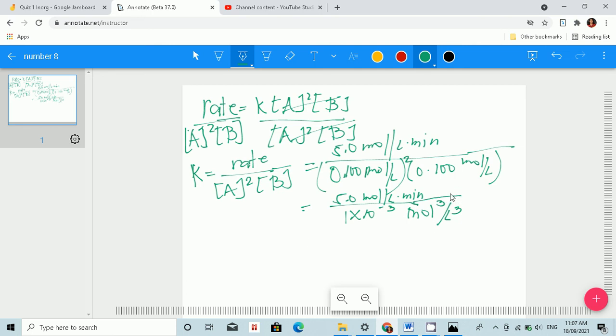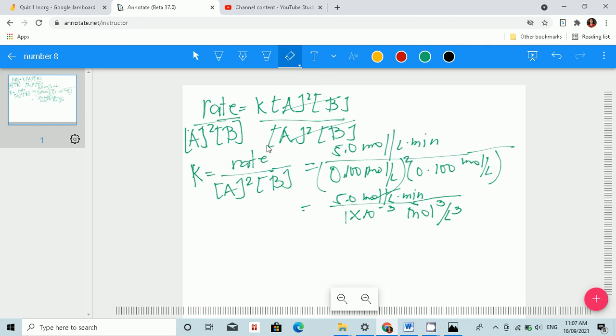And then this one, we have mole per liter here. We will not cancel it yet. I will show you.